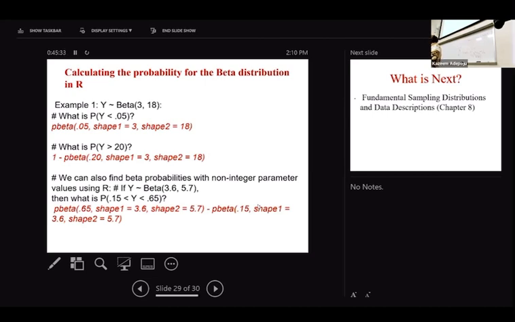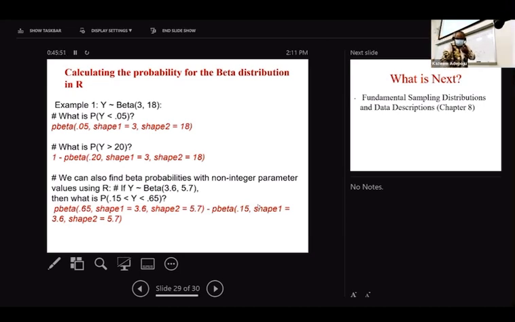Only that, if you want to do that manually, you need to revisit your knowledge of calculus. But if you don't want to revisit your knowledge of calculus, use the software. Very easy. You're going to get your results.